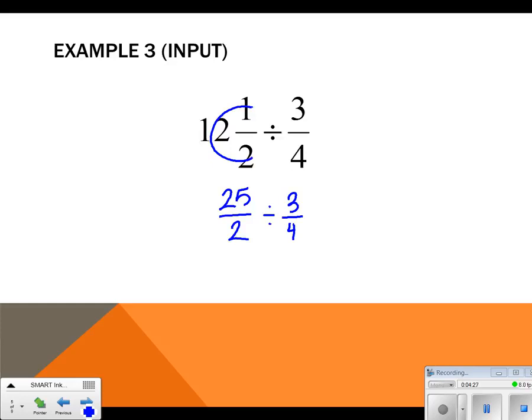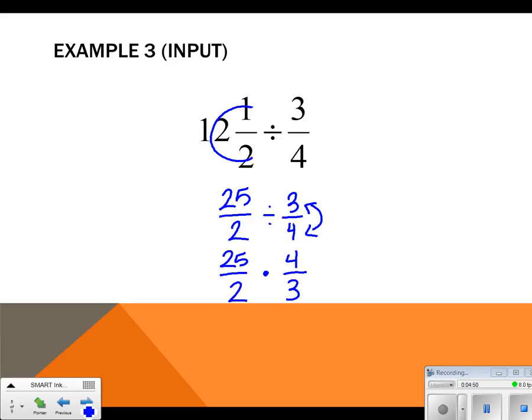So we're going to flip the second fraction. We're going to find the reciprocal. The reciprocal is when you switch the numerator and denominator around. That's done only to the second rational number. The minute we do that, the division sign becomes multiplication. The first rational number here stays the same.